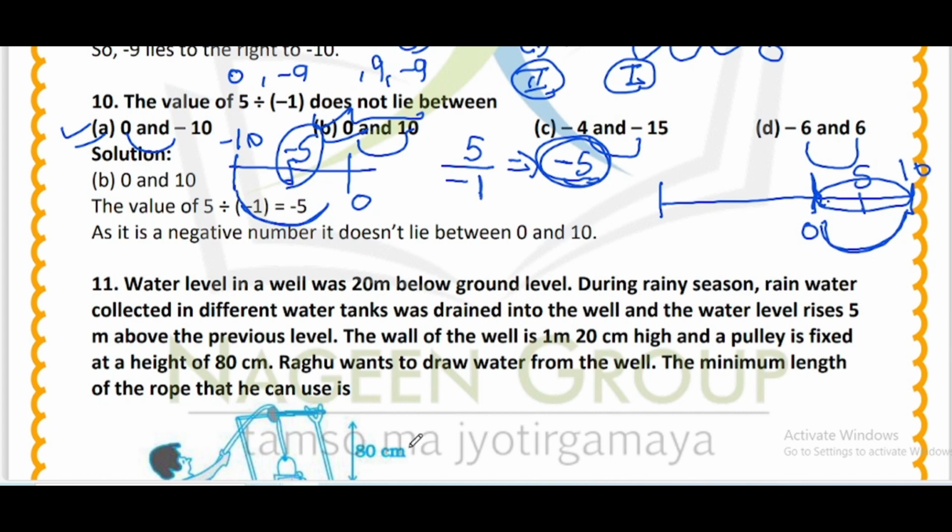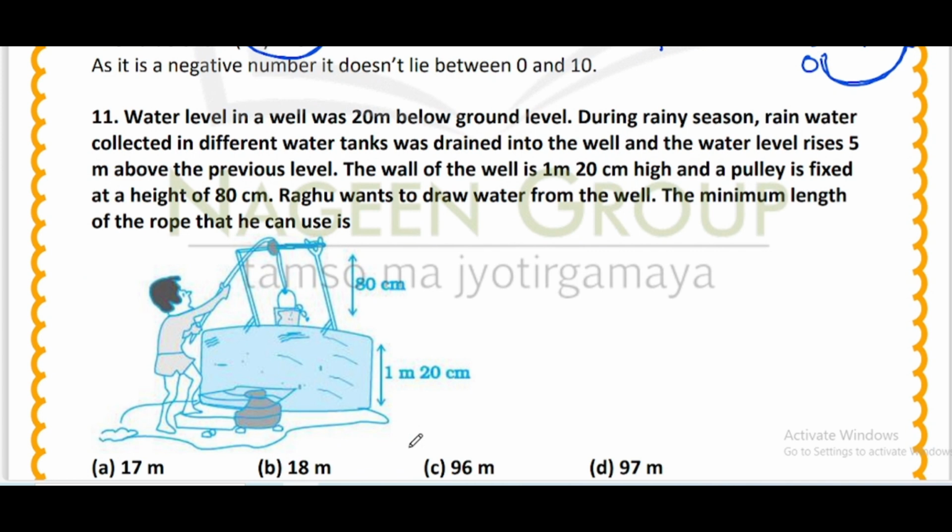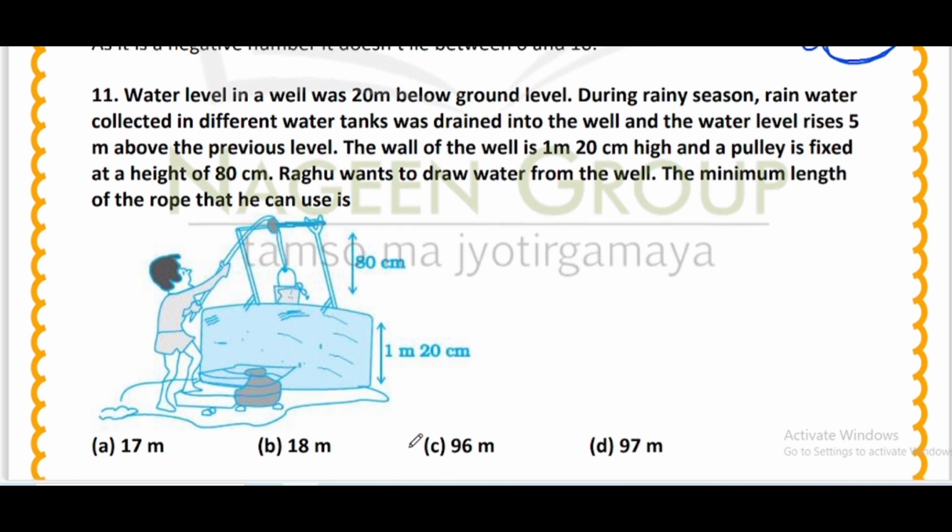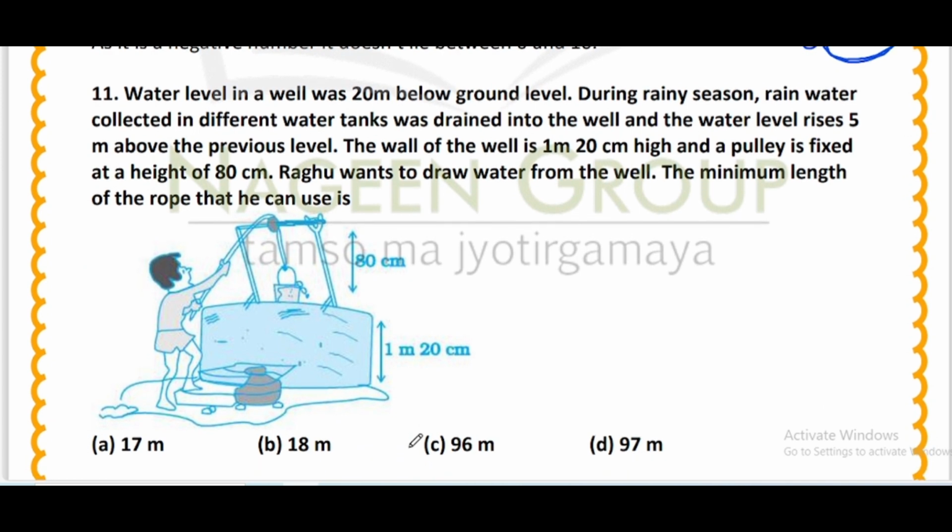Let's see question number 11. What is given in question number 11? Water level in a well was 20 meter below the ground level. This is the ground level.